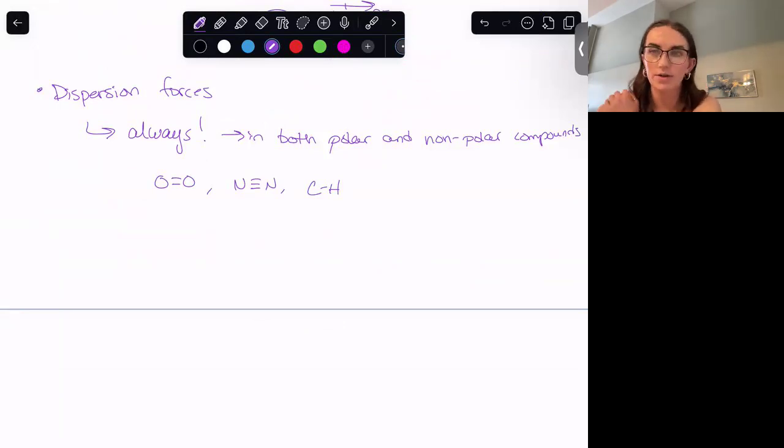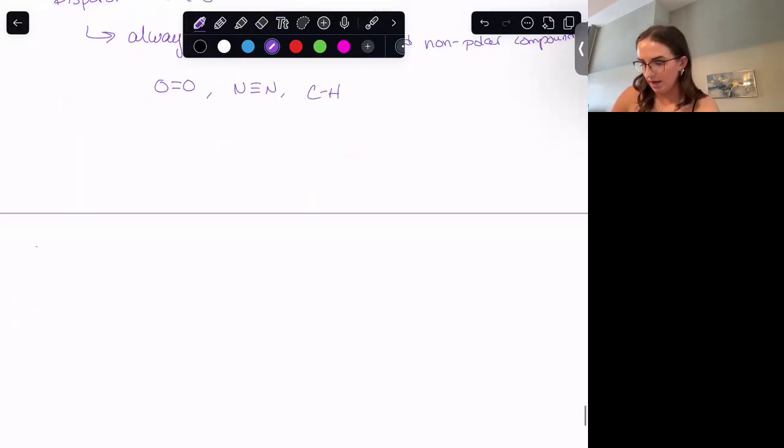Okay, what other IMFs exist? Good. All right, so then we have dipole-dipole. When do these occur?